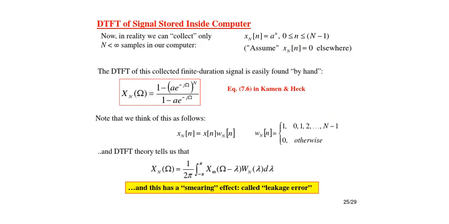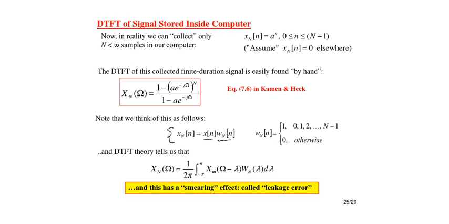So what is that? So x of n, that is nothing but the finite duration signal, that can be written as x of n multiplied by some window. So we are choosing some finite samples out of infinite samples. So DTFT for a finite sample can be given by this, which is theoretically, right? So this is the convolution in frequency domain, right?